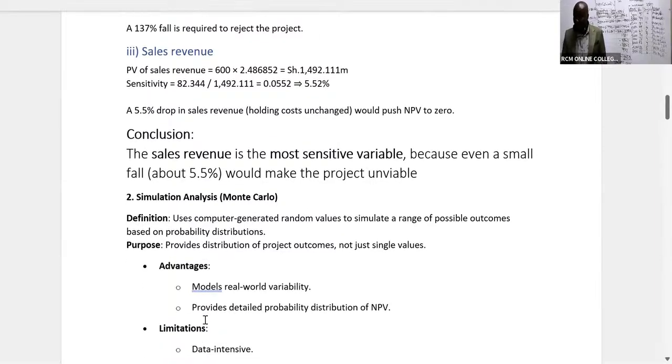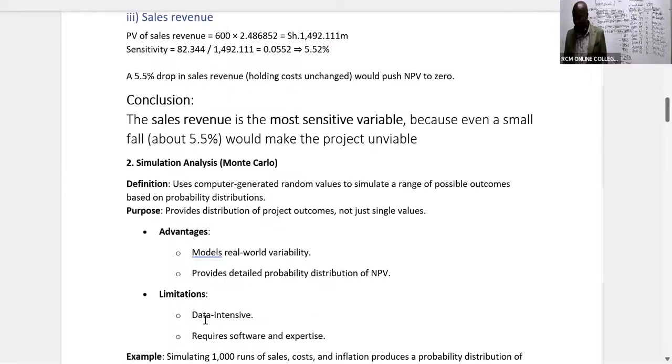Like it models real world variability, provides detailed probability distributions of net present value, many NPVs, many scenarios. Limitations: it is data intensive. I'm so sure you guys have hated the method, not because it's hard, but because it's very involving. It requires software and expertise. That's another limitation.